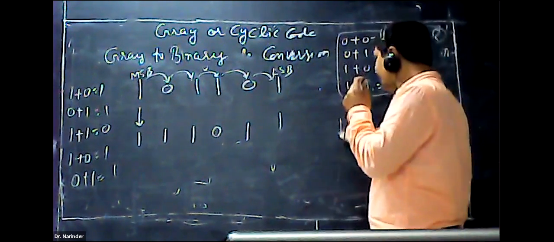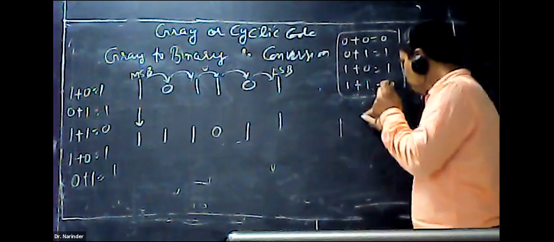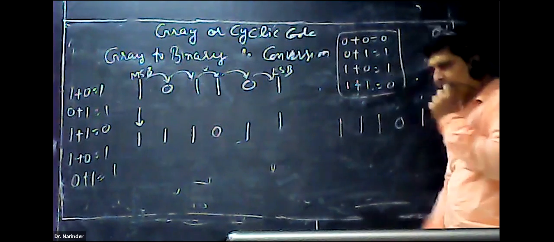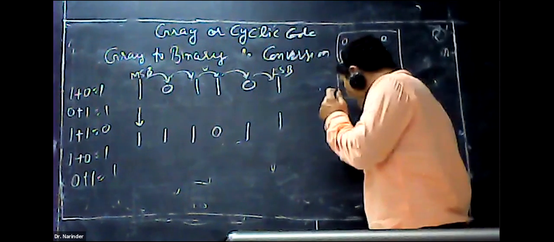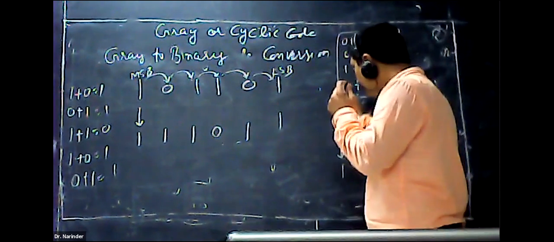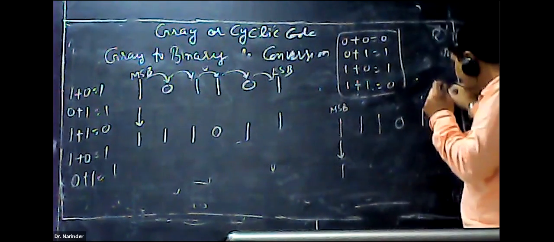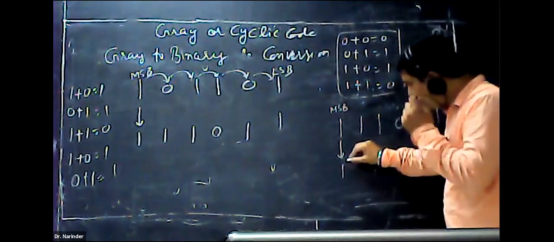Let us say we take the same gray code: 1, 1, 1, 0, 1, 1. Write here MSB. Understand it carefully. This is your LSB. Then you have to add diagonally.